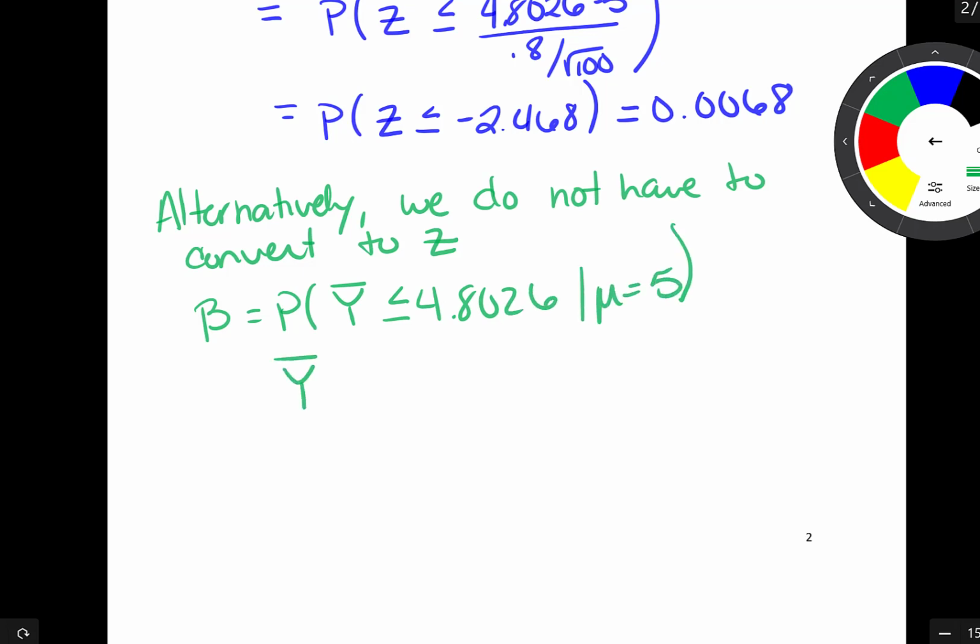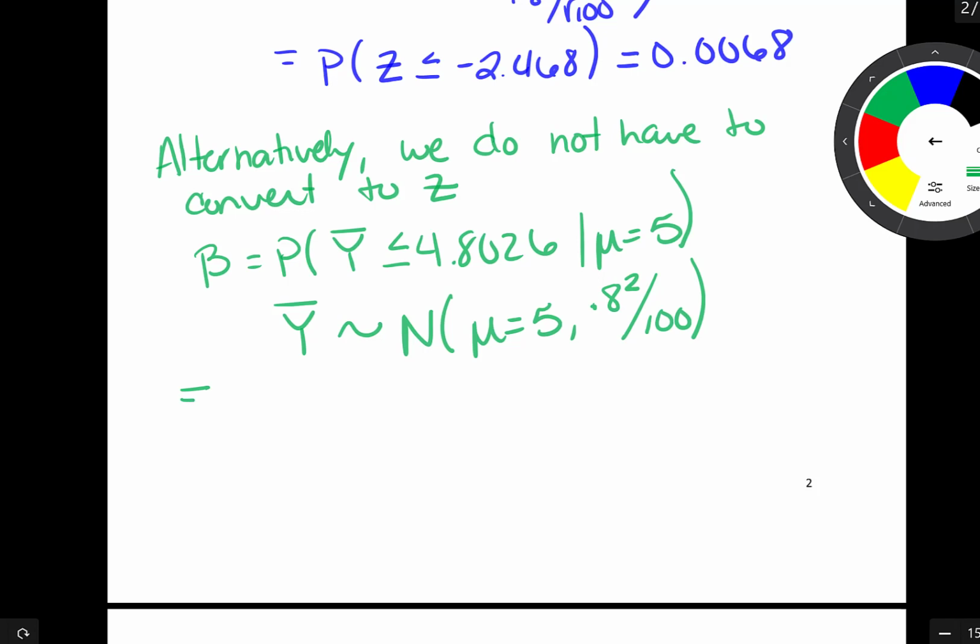And we know that y bar is distributed approximately normal with mu equal to 5, and then using that plug-in principle to estimate our standard deviation of y bar, or our variance of y bar, we have 0.8 squared divided by 100. So therefore, we know the standard deviation of the sampling distribution is going to be 0.8 divided by 10.